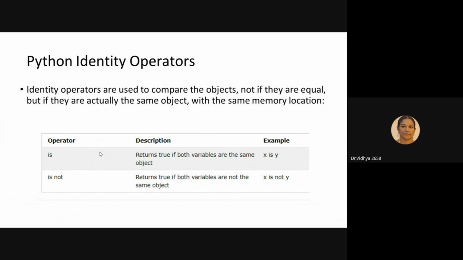In terms of Python identity operators, we have two important operators: one is is, another one is is not. The is operator returns true if both the variables are the same object. The is not operator returns true if both the variables are not the same object. That is the case in terms of Python identity operators, is and is not.